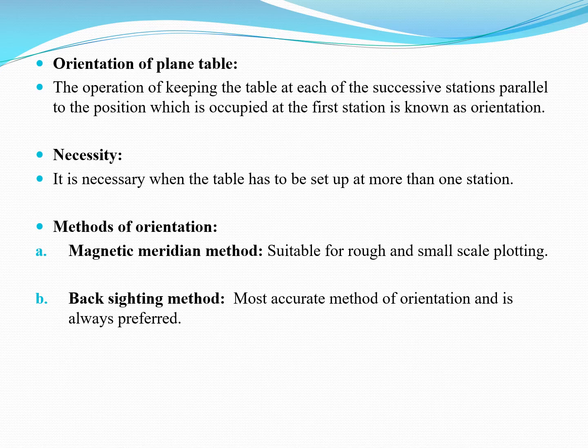Magnetic meridian method is also called the magnetic needle method. In this method of orientation, a trough compass is used to mark the north-south direction. Suppose there are two stations P and Q which are required to be plotted by the plane table.